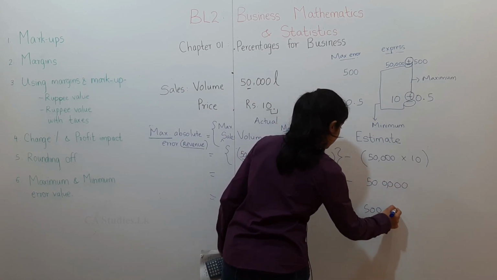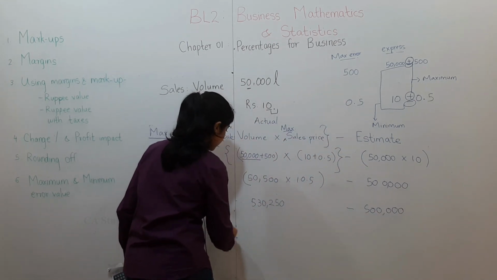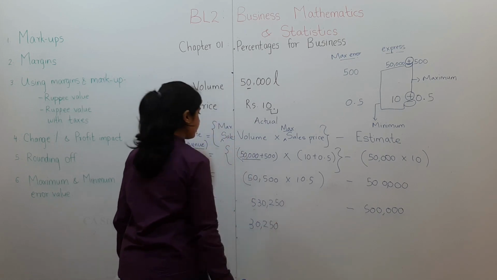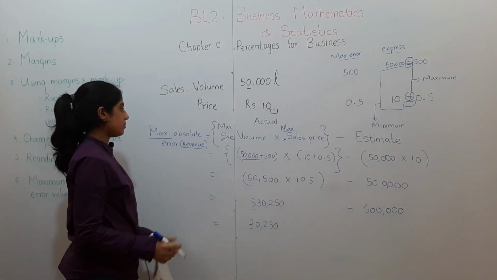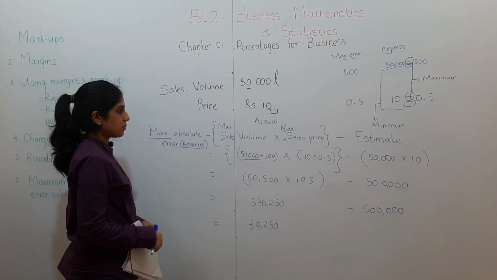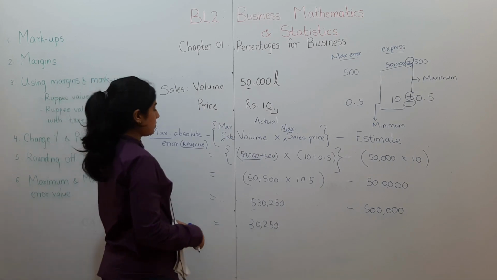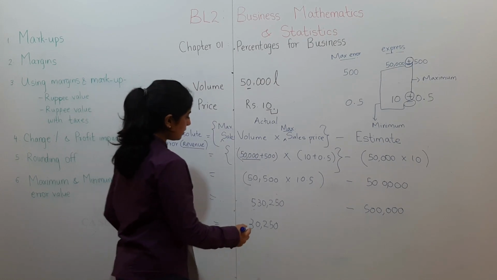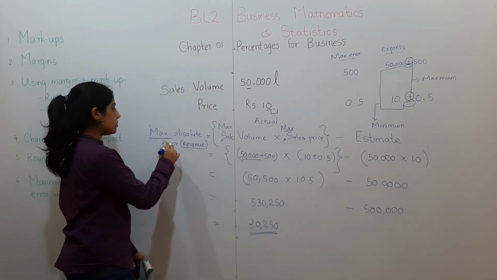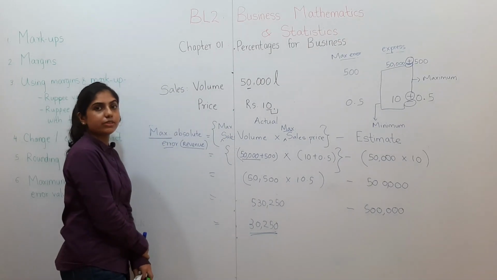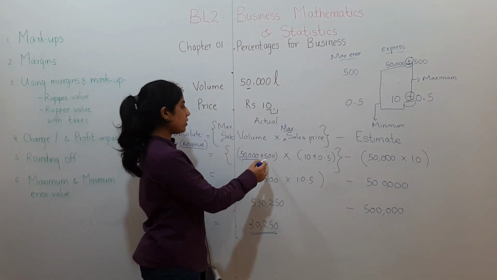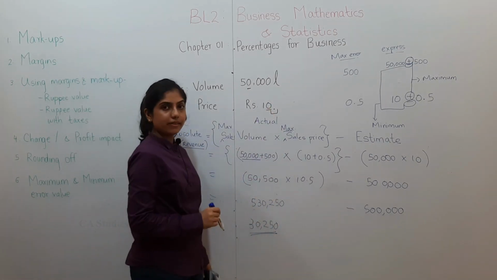What is the balance? Balance is 30,250. Okay. So this is your maximum absolute error for revenue. So you can't take only the error figures and multiply.